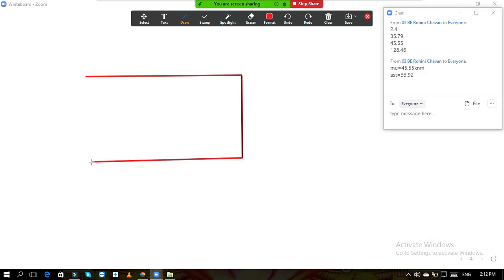Okay. See, this type of staircase is there. This is A, B, C and D. So the Mu we calculated first is near about 38.05 kilonewton meter. That was the bending moment. It is for flight AB and flight CD both.